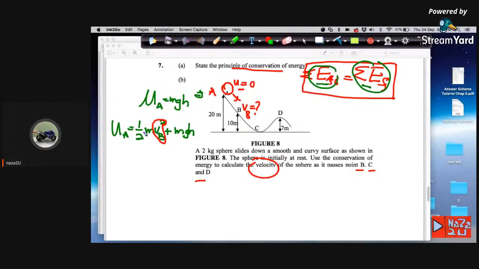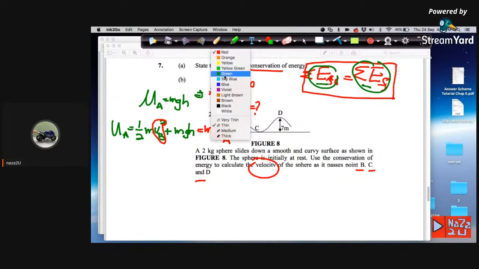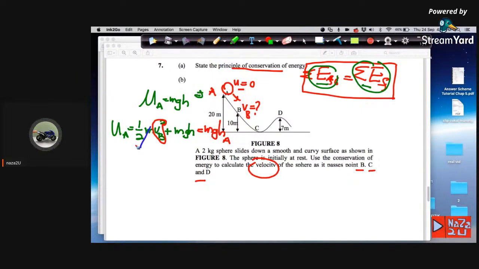So, U at the point A here adalah sama dengan mgh. Kat mana? Kat point A. So kalau kita gantikan nilai kat sini, if you use the value of the mass is equal to 2 kilo, G is constant 9.81, H kat sini ketinggian yang ni pada titik B, ini pada titik A. This is 10, mass kat sini still we have 2 kilogram, G is 9.81 and the H pada point A adalah 20 meter.